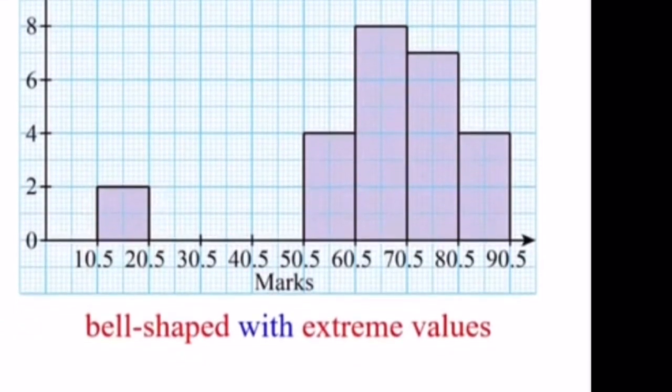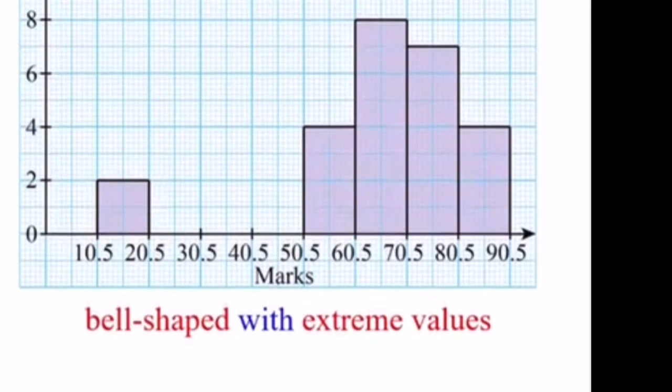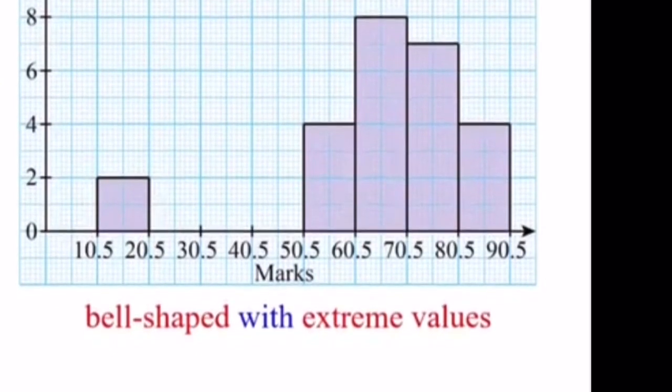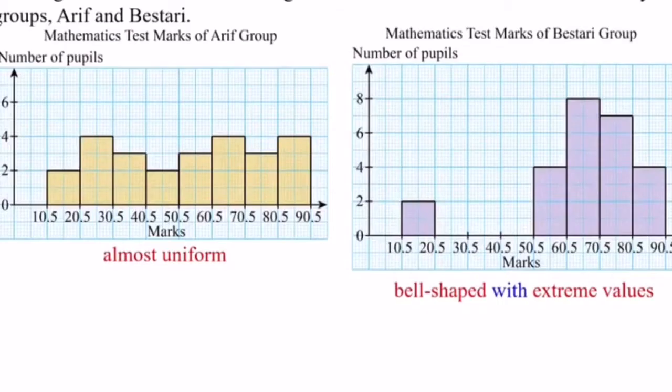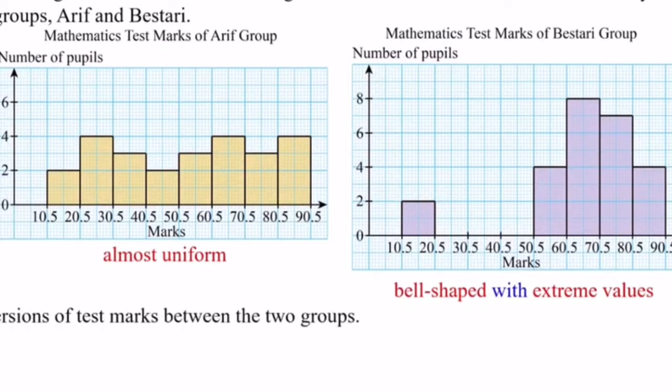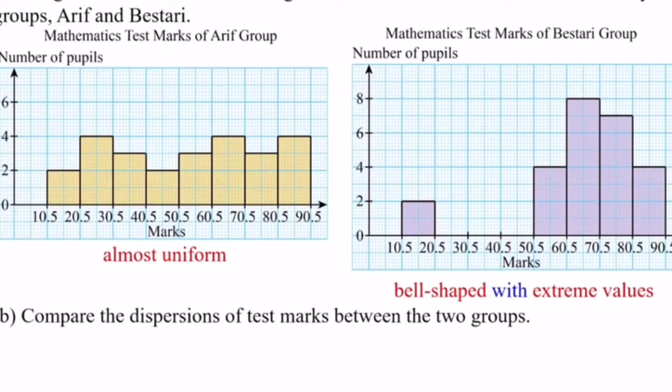Remember that? Now I'm going to discuss what is meant by dispersion. Now let's see. You can see that the Arif group's marks are almost uniform. And we want to do the comparison between these two groups of marks, the dispersion of the Arif group and the Bestari group.